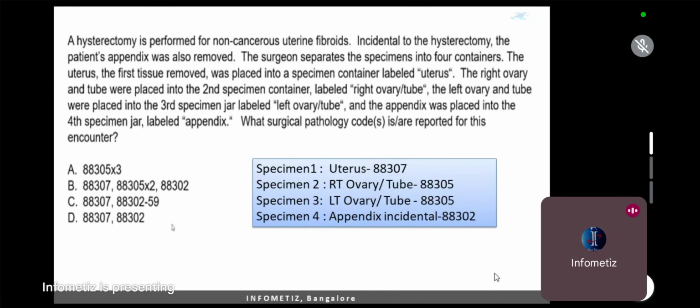And here now we don't need any 91 modifier. For the golden rule, specimen is equal to the number of codes. So no need to add the 91 modifier. And the incidental appendix is the 302.